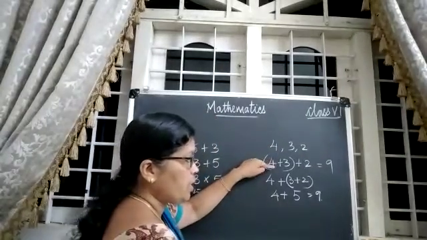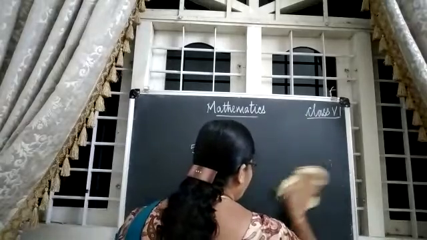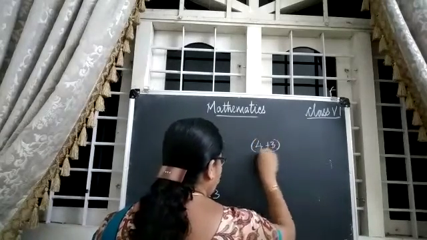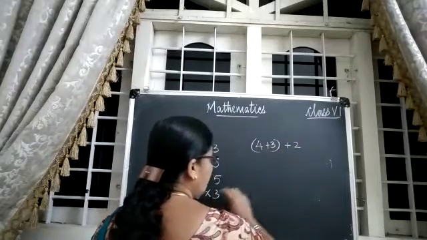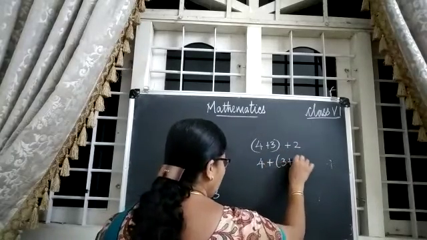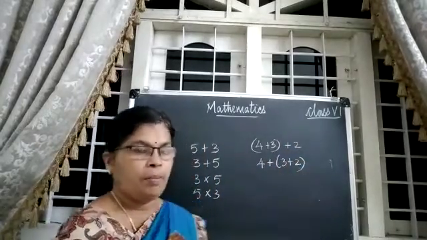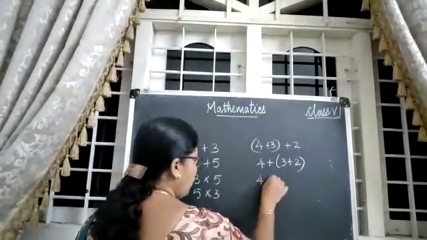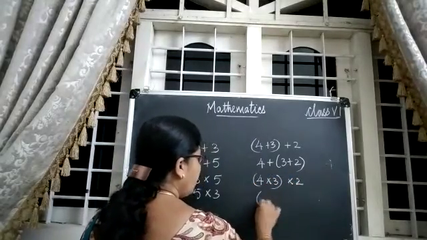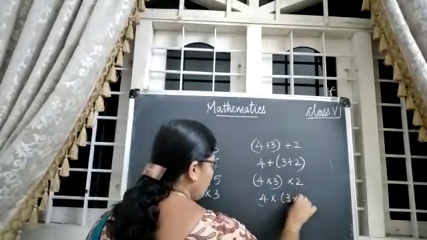Similarly, let us see the associative property. We have written 4 plus 3 plus 2. Next we have written 5 plus 3 plus 2. These two are expressions. In multiplication also we can write 4 into 3 into 2.